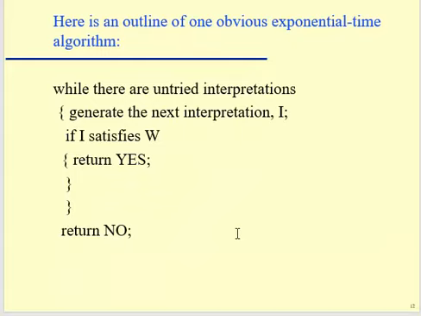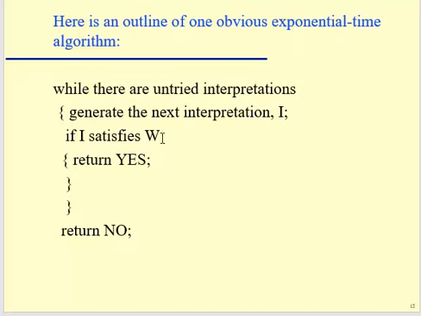So here I have written a deterministic as well as a non-deterministic algorithm. First, this one is your deterministic algorithm. While there are untried interpretations. Interpretations means inputs. Suppose there are 4 variables, the first input is 0, 0, 0, 0. Another input can be 0, 0, 0, 1. Then it can be 0, 0, 1, 0. So we need to try all the inputs.